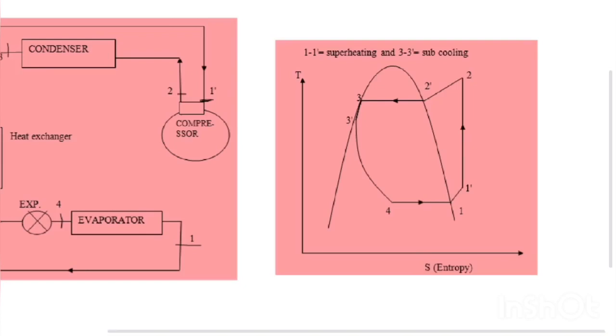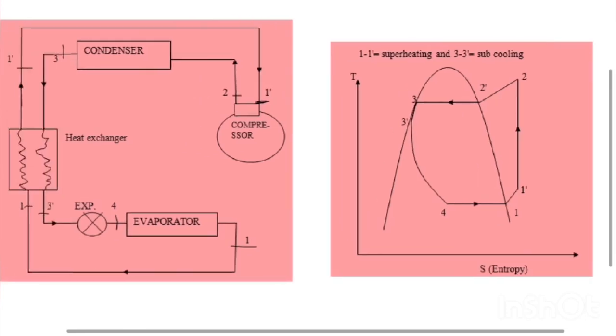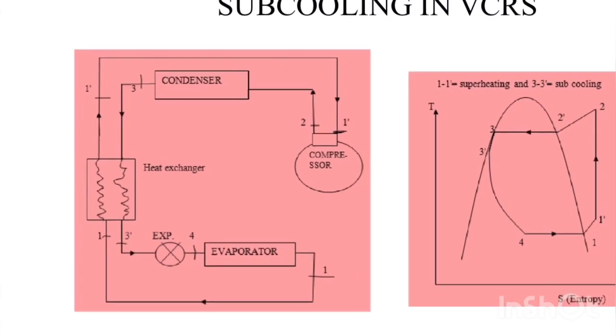From 1 to 1 dash there is superheating with the help of the subcooling, then 1 dash to 2 is the compression, then 2 to 3 is the condensing, and 3 to 3 dash is the subcooling at the outlet of the condenser, which is inside the heat exchanger. Similarly, 1 to 1 dash is the heat gain in the heat exchanger, at the inlet of the compressor, after the evaporator. So, the subcooling generally happens inside the heat exchanger.